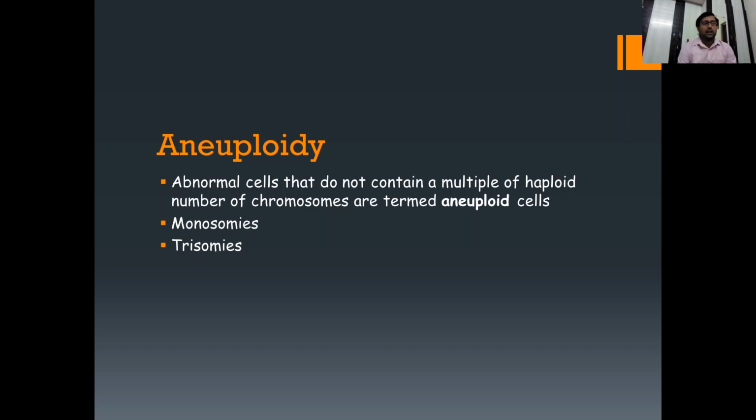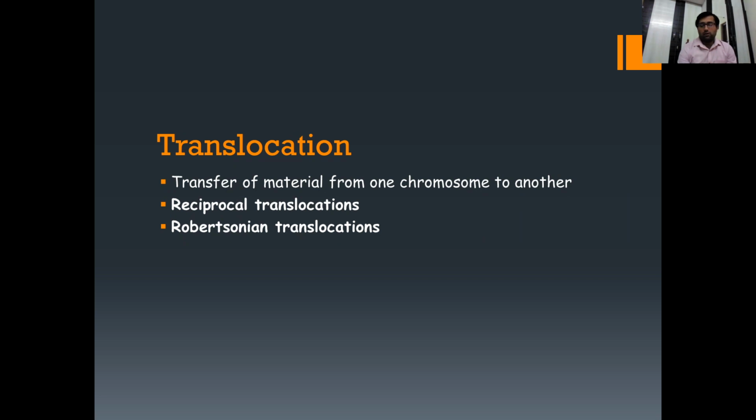Aneuploidy can be further divided into monosomies, in which there is a deficiency of one single chromosome, so the total chromosome number will be 45, and trisomies, in which there is an additional chromosome, so the total chromosome number will be 47.